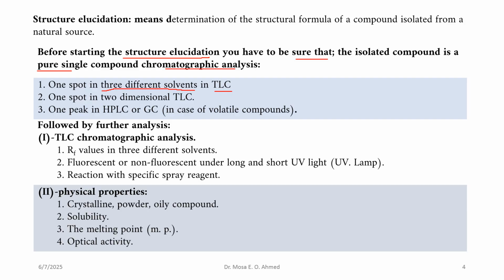In this case, we make sure the compound is pure. Another technique can be used for assurance that the compound is pure and single by using two-dimensional thin layer chromatography, and if at the end of analysis the chromatogram contains one spot, that means the compound is pure. Or by presence of one peak when we use HPLC or gas chromatography.